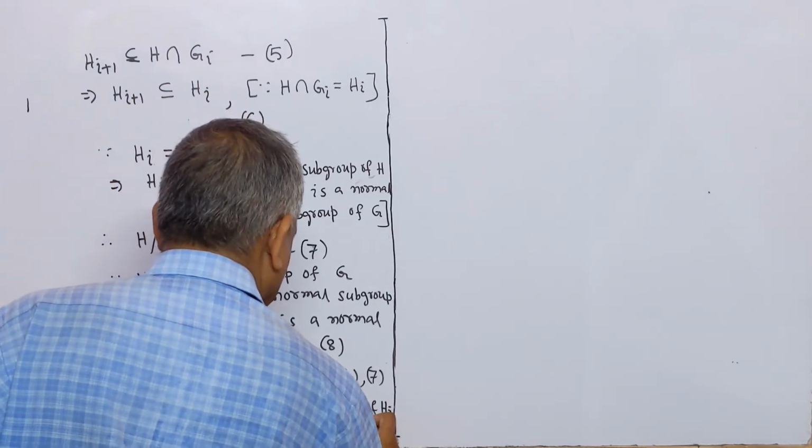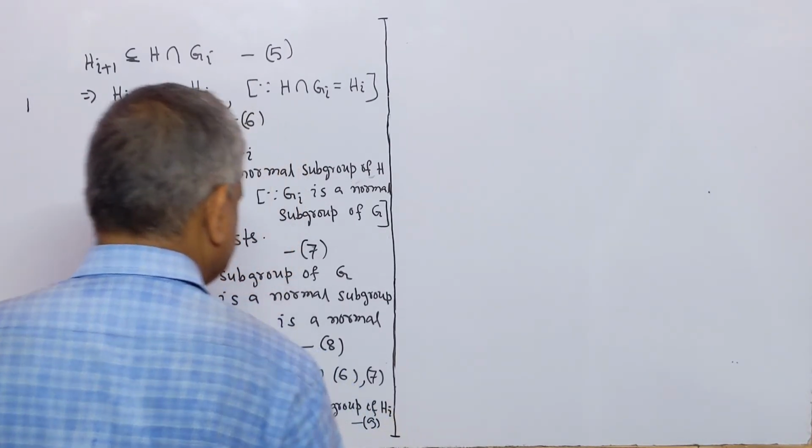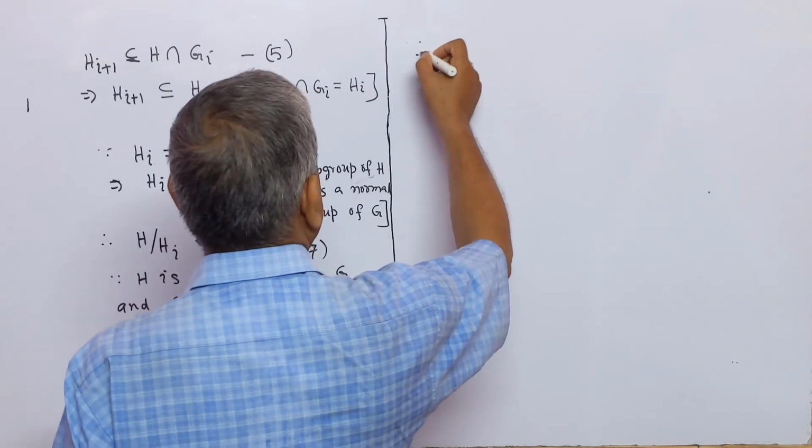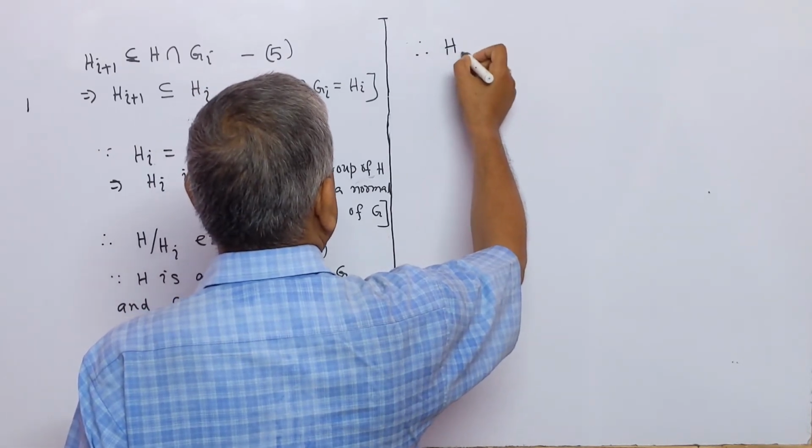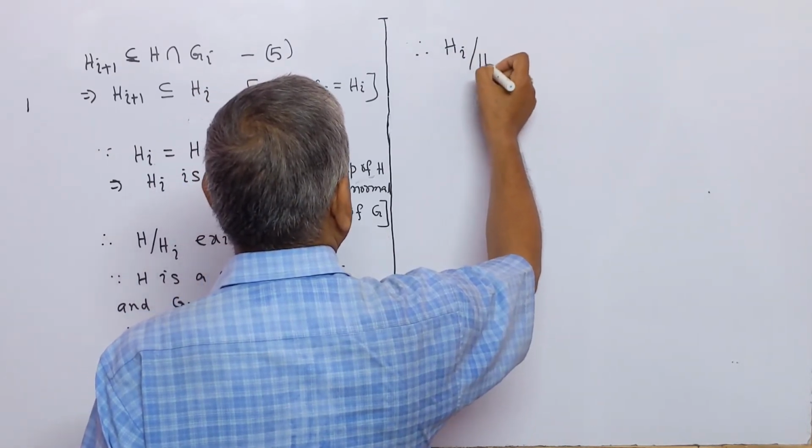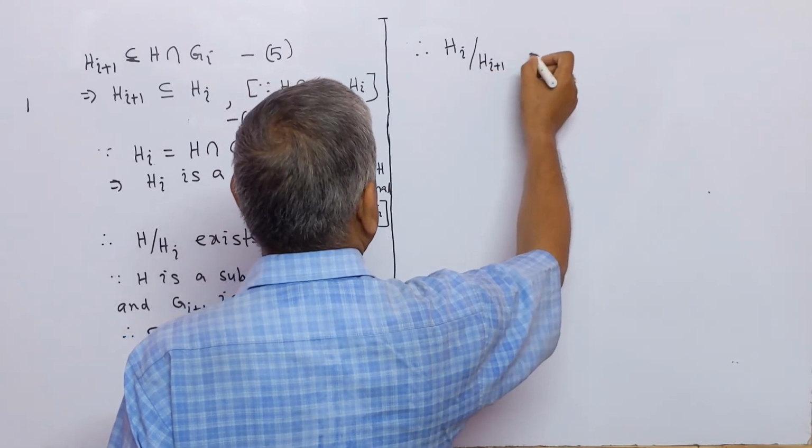This is number 9. Therefore, the quotient group Hi by Hi plus 1 exists.